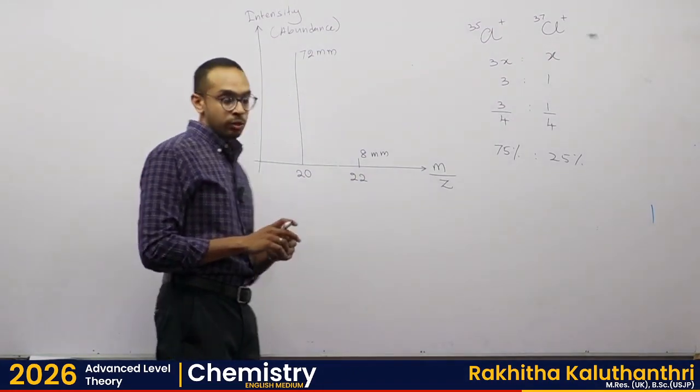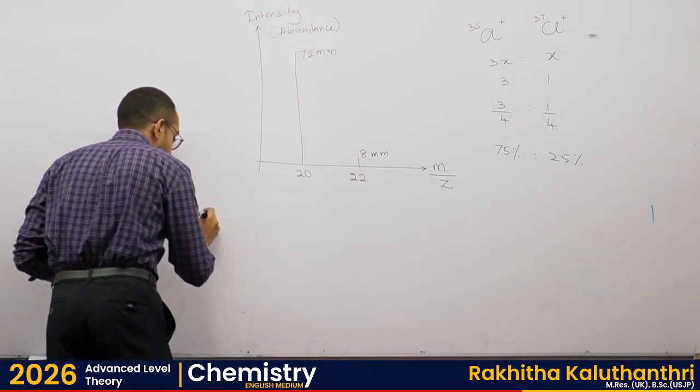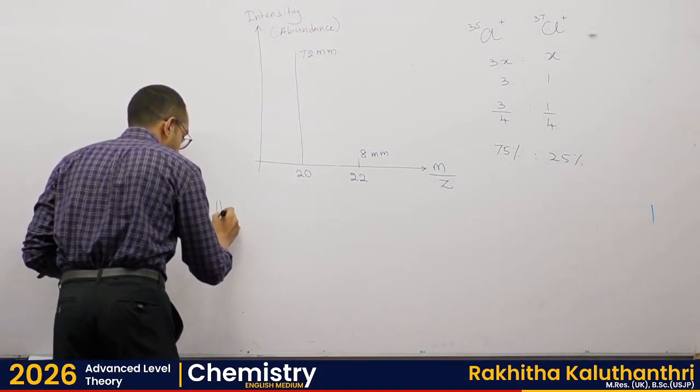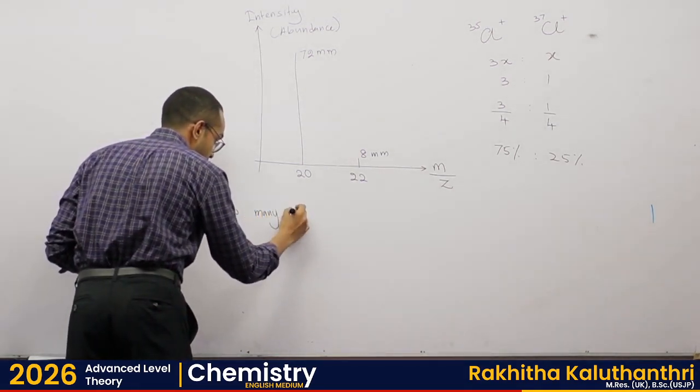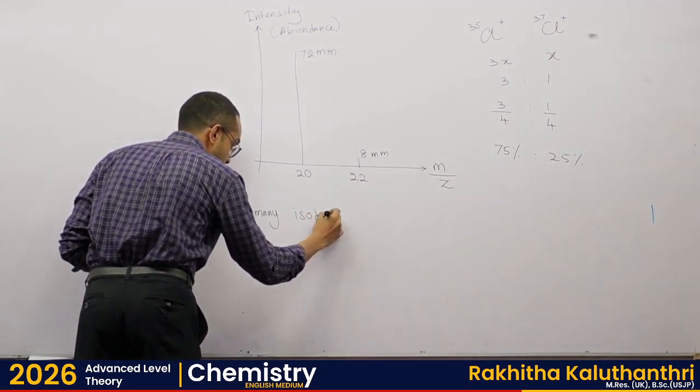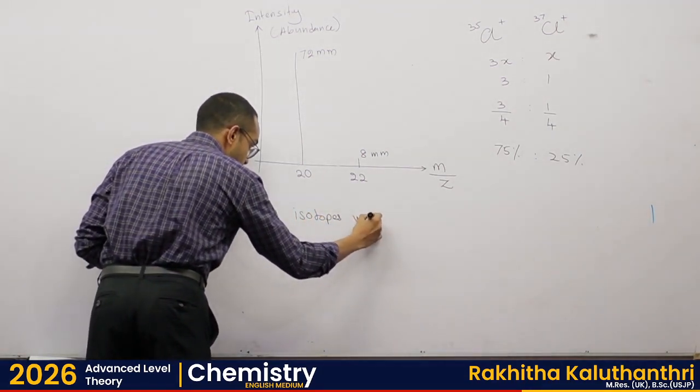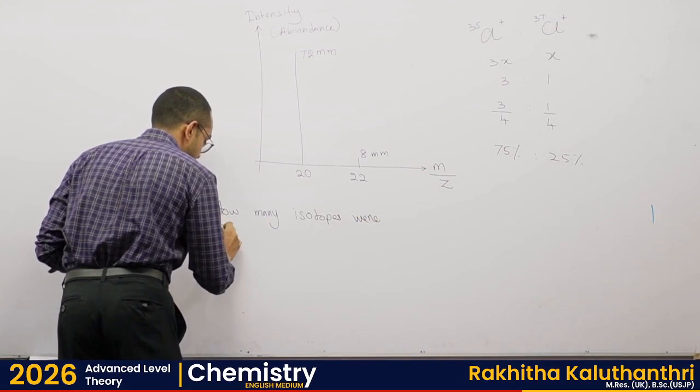Right. So copy this down. Question number 1. How many isotopes were present in this sample?